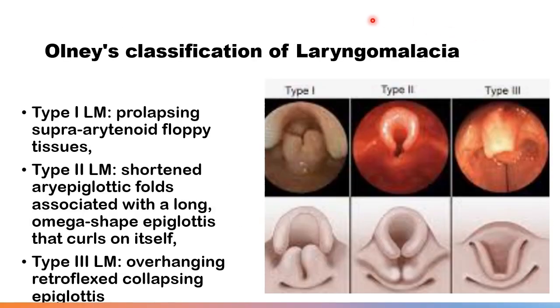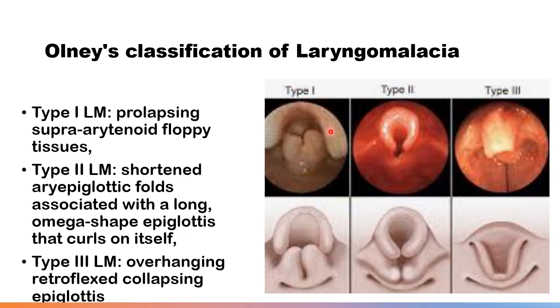Several classifications have been proposed for the grades of severity of laryngomalacia. The Olney's classification remains a popular one. It is formed of 3 types. Type 1 is a prolapsing supraarytenoid floppy tissue over the arytenoid, including the cuneiform cartilage, that prolapses to obstruct the posterior part of the airway.